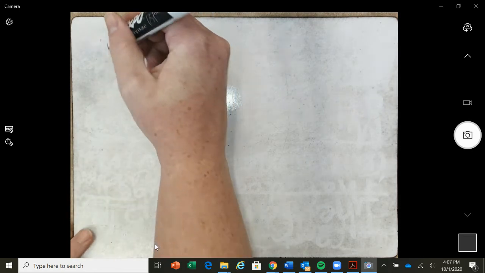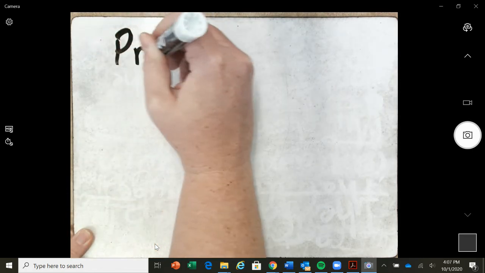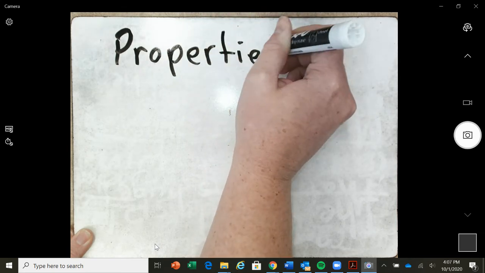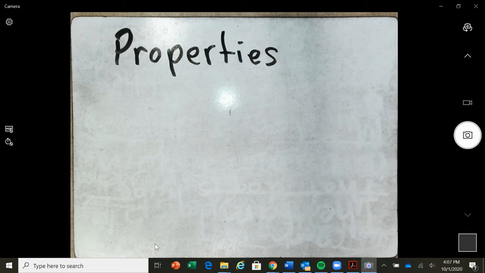Okay, so the word that I used was property, or properties, because we've been talking about different properties of a rock. So if everybody says the word properties, we can talk about the things that we know about how an object looks by looking at them or feeling them.